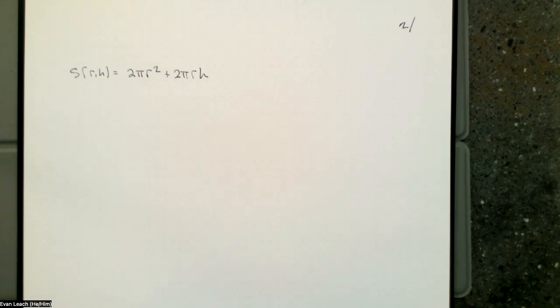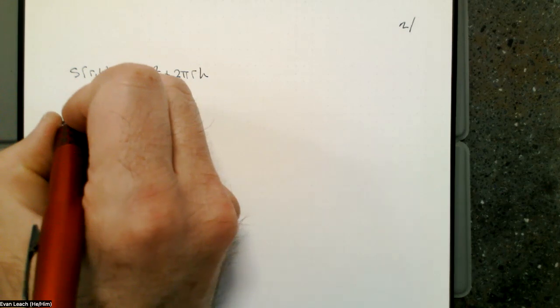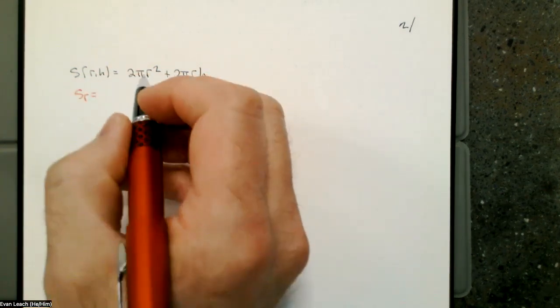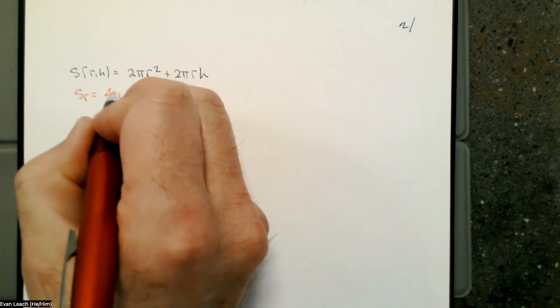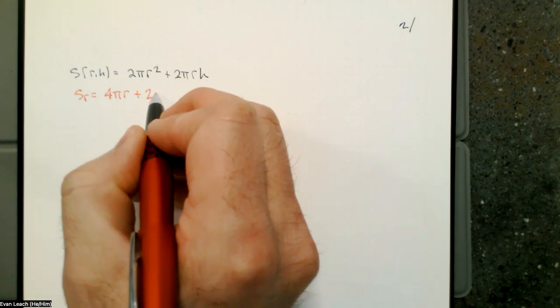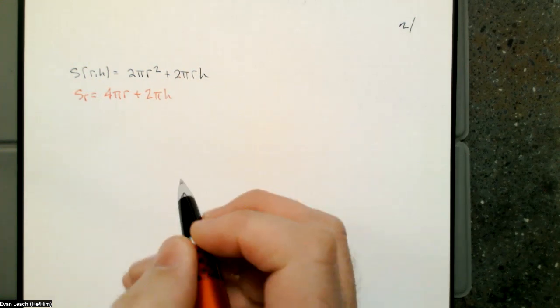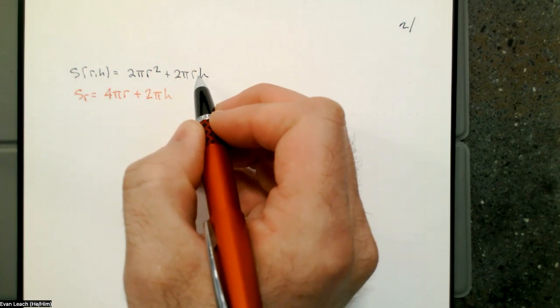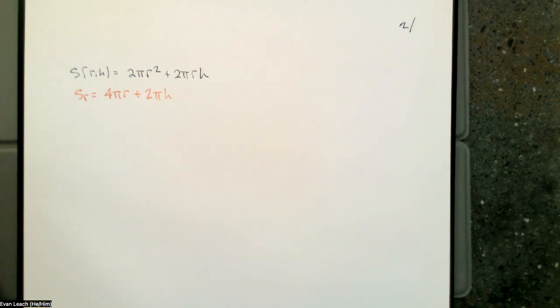Now I just want to look at this function first, worry about the constraint later. We have two derivatives, SR and SH. So SR, the derivative with respect to R is going to be 4 pi R to the first plus 2 pi H. Because here I'm taking the derivative of R squared, that's 2R, and here the derivative of R is equal to 1. I also need the derivative with respect to H.